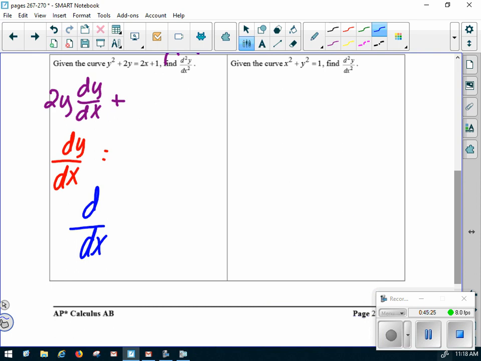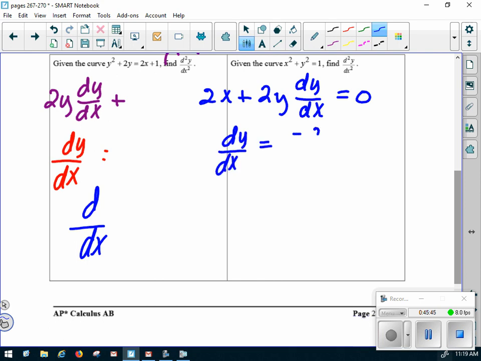We're going to find the second derivative of that circle. That's a circle. Go. Are you okay to get here?